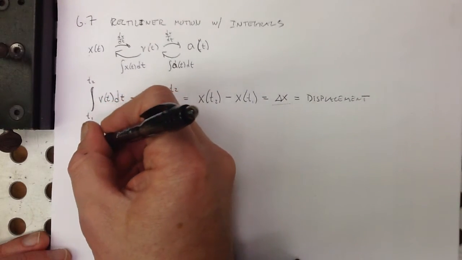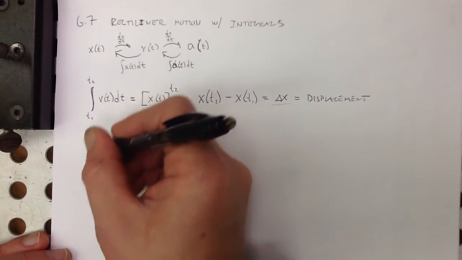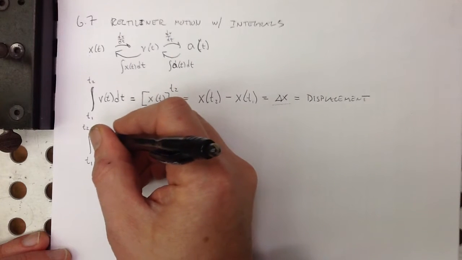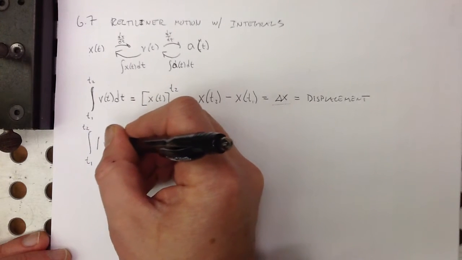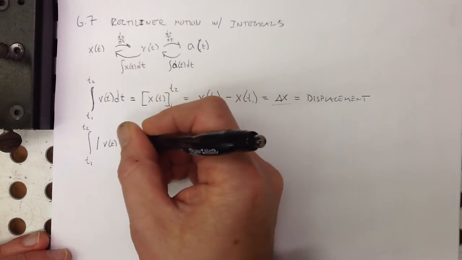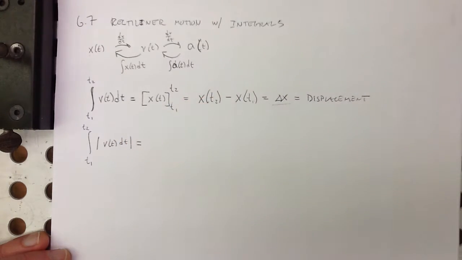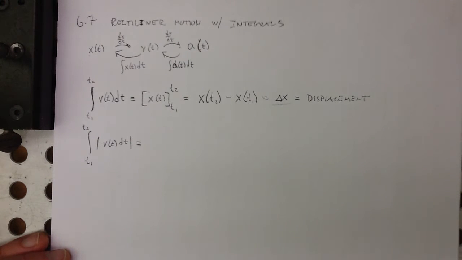Now, we could also find, if we want to know the total distance that something has traveled, well, we only want to consider speed instead of velocity here.